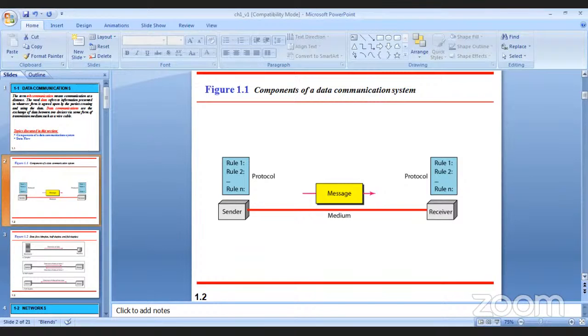In order to communicate the data, there will be two parties, one who is ready to send, another who is ready to receive.